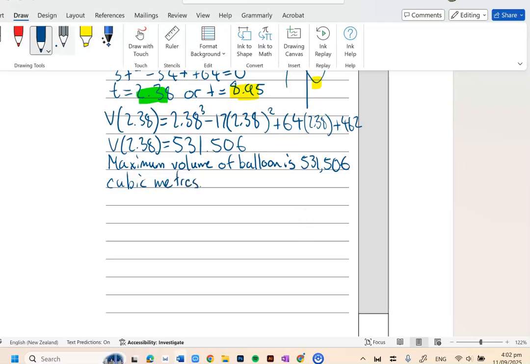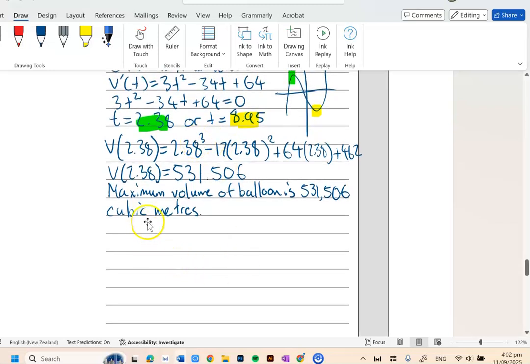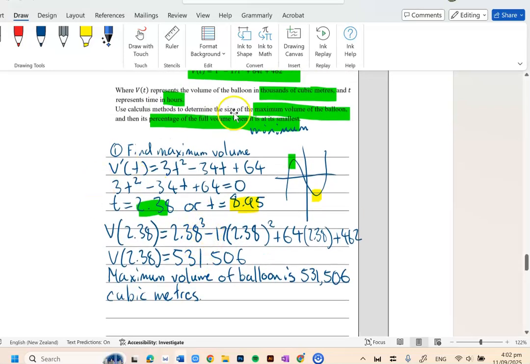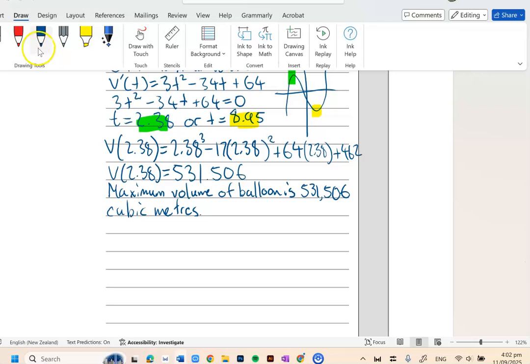Okay, you have to put it in the context. So this is the maximum, right? We're not done yet. We've answered part 1 of the question. Now we need to calculate its percentage of the full volume when it is at its smallest. So we're going to have to find the minimum volume now.